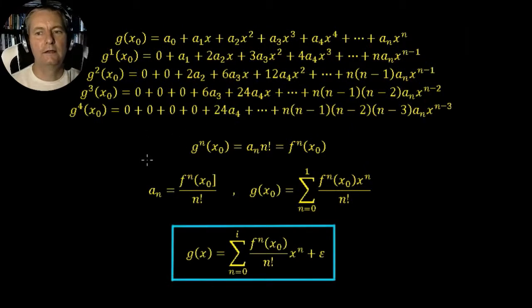So we can see that we wanted the nth derivative of the function g at x0 to equal the nth derivative of the function f at x0, but it doesn't quite equal it. It's out by these factors of, in this case, 2, 6 and 24. So it's actually out by a factor of n factorial.